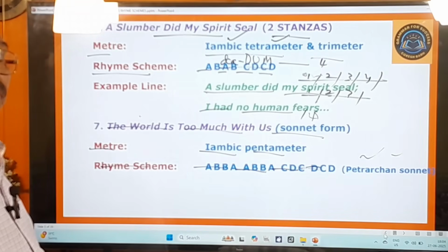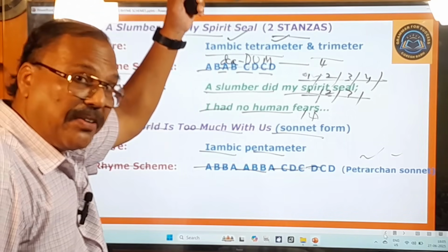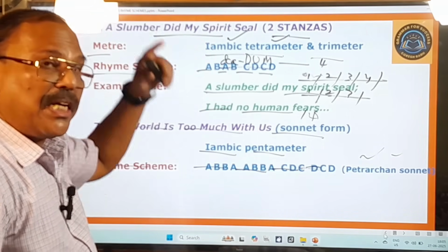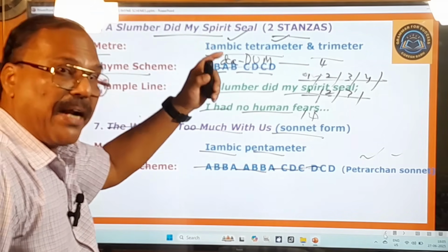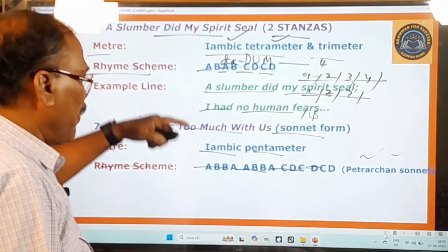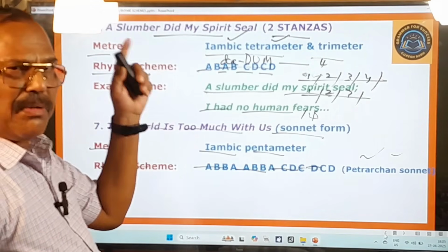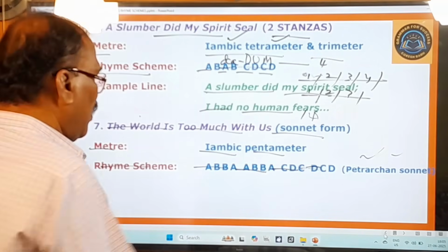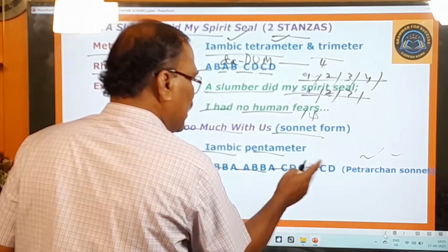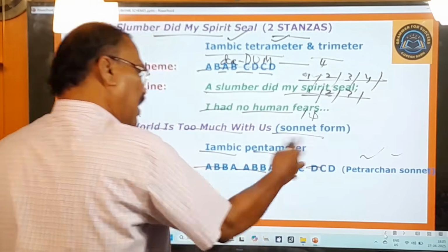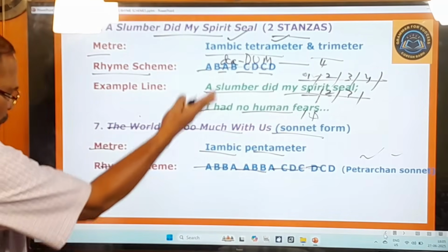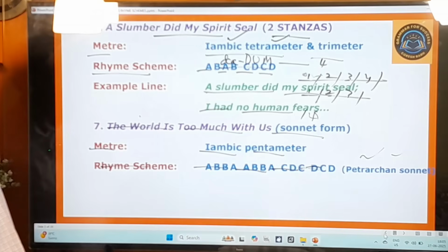The Shakespearean sonnet is different from the Petrarchan sonnet. In the Shakespearean sonnet, the rhyming pattern is different, and in this Petrarchan sonnet, the rhyme scheme is different. Earlier in some other video, I think I have told you about this ABBA, CDC, DCD, anything you can say. It's a Petrarchan sonnet. You just keep that in your mind.